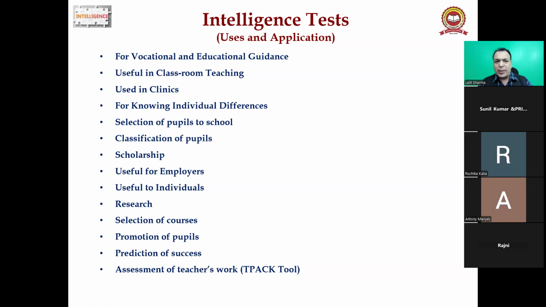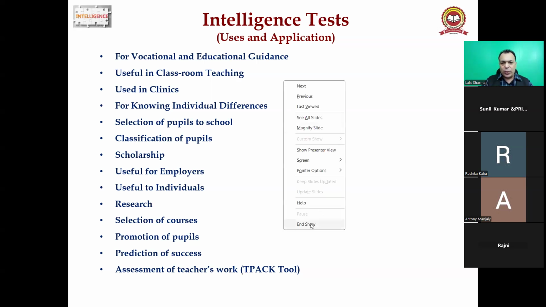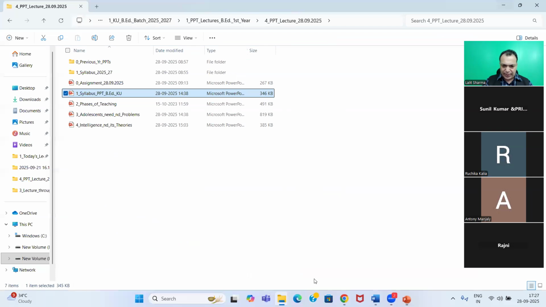The ability of teachers, meaning how well the teacher can teach, right? TPACK tool, right? If I can show you this tool. Okay, my paper should also be on Google.